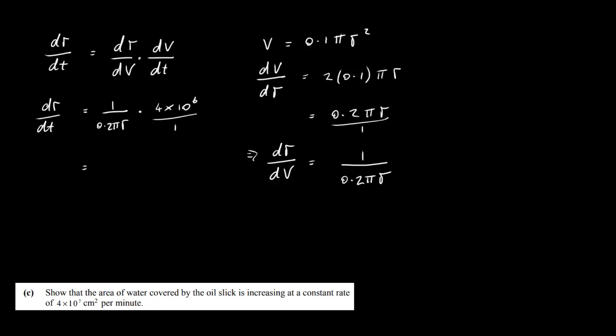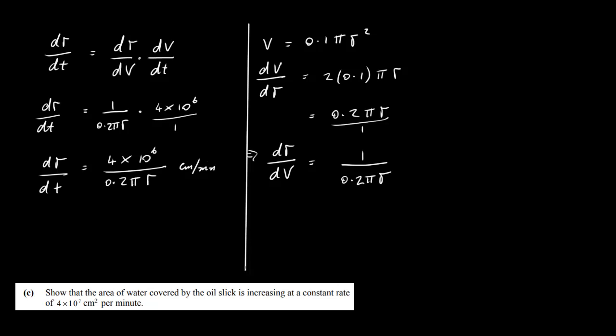So if you do that, you just get 4 by 10 to the power of 6 over 0.2 pi r. So this is my dr dt. This is how fast the radius is changing. And this would be, by the way, centimeters per minute. Let me just separate these out here.